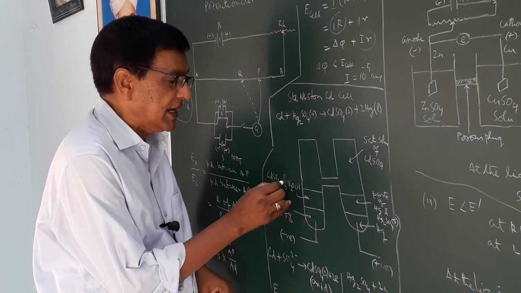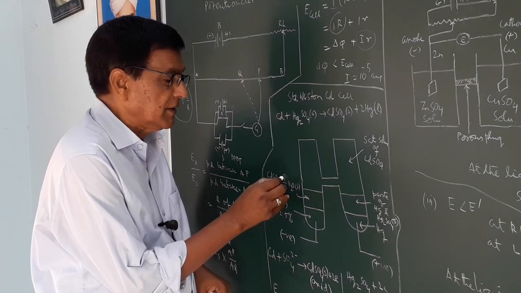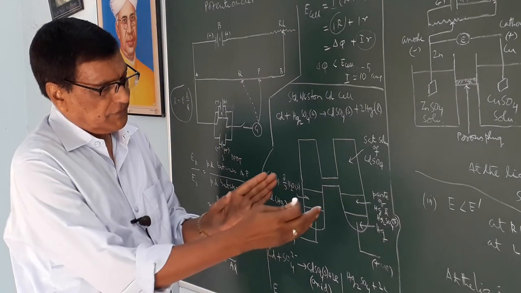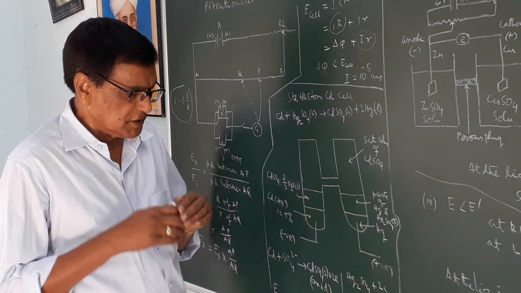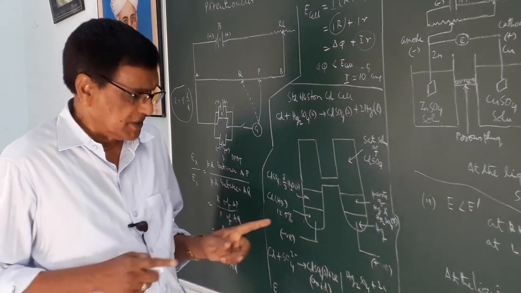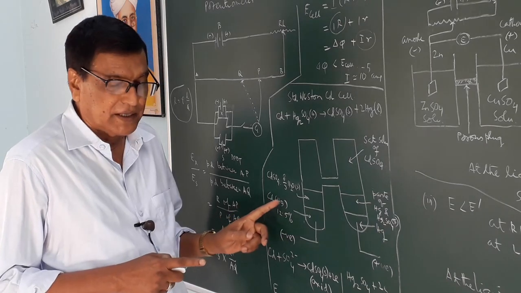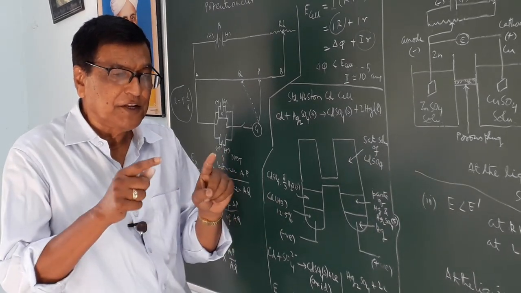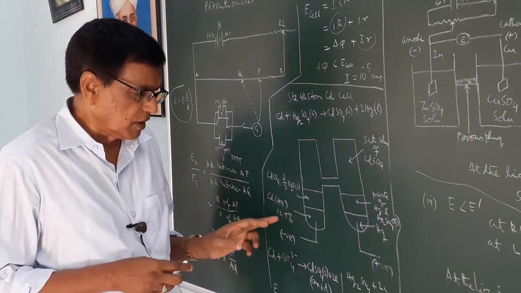This percentage was found because the EMF of this cell remains fixed within 10 to 15% of cadmium in the amalgam, so the average value of 12.5% has been taken.